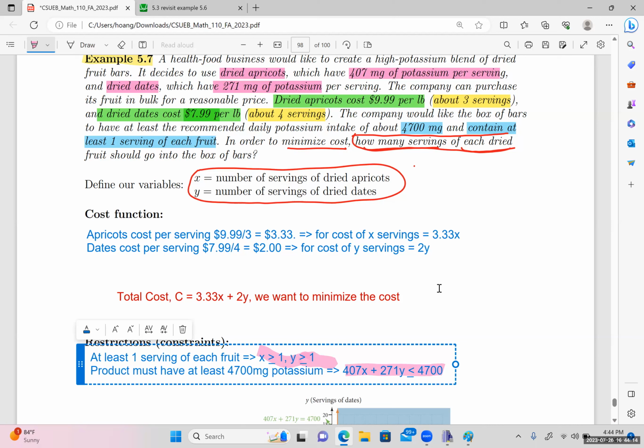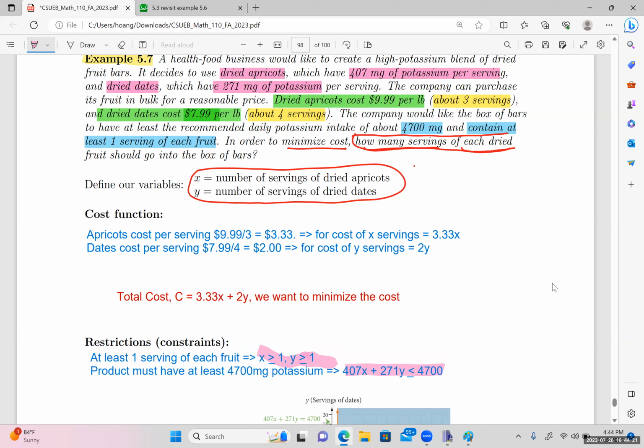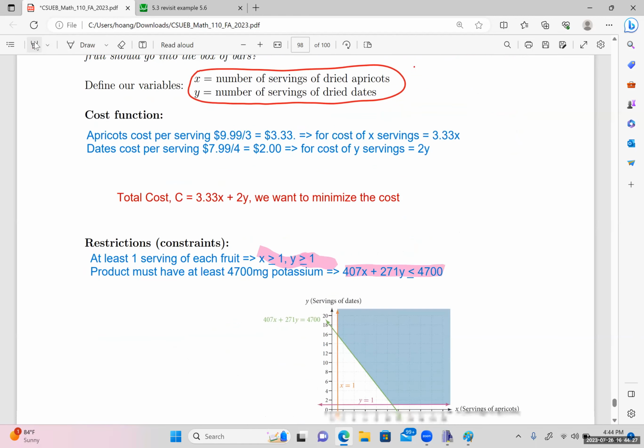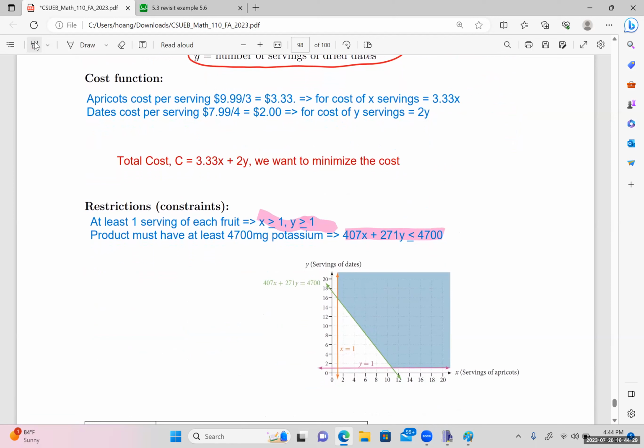Actually 3 constraints right now. All right. And anything else? That's it, right? Okay.